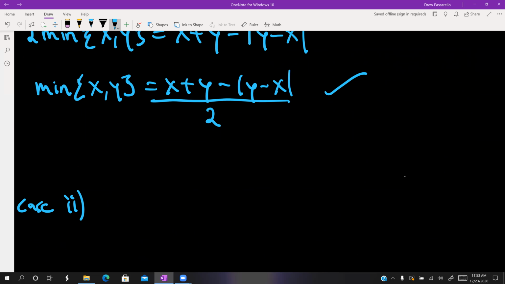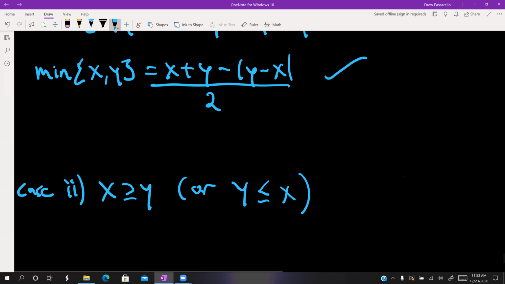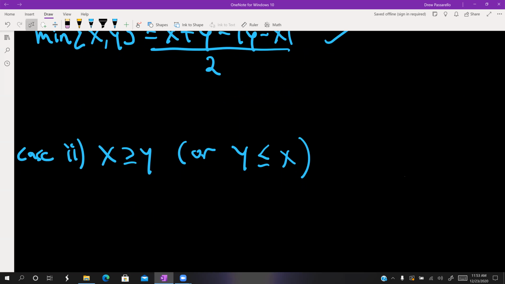So case 2 is x is greater than or equal to y, or y less than or equal to x. It's pretty much similar stuff we're going to do. So if we know this, then we know that y minus x is less than or equal to 0.